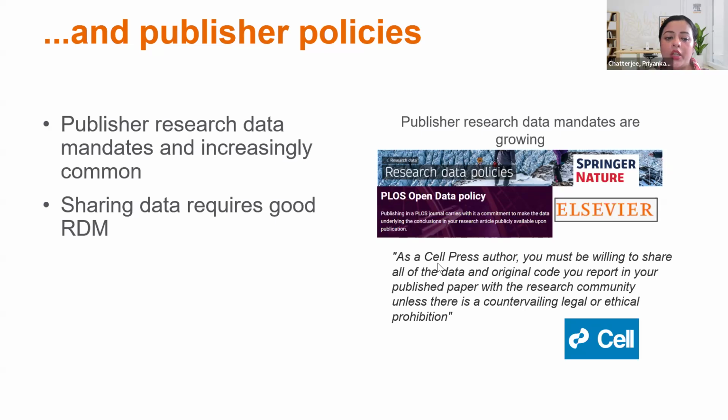For example, here we have Cell, one of the most prominent journals of Elsevier. It says that as a Cell Press author, you must be willing to share all the data and original code you report in your published paper with the research community, unless there is a countervailing legal or ethical prohibition. So sharing data requires good RDM.